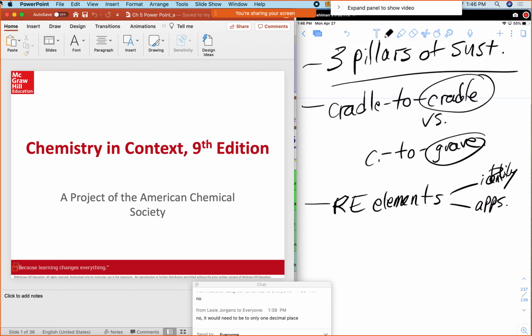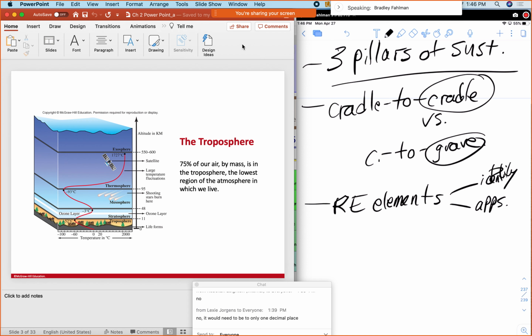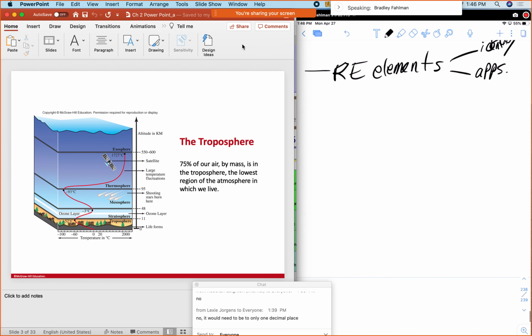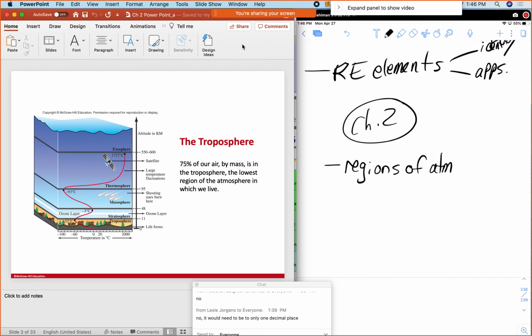Okay. All right. So chapter 2 was dealing with air quality. So really the regions of the atmosphere. The two big ones to know, I really don't care about the thermosphere, mesosphere, all these ones.